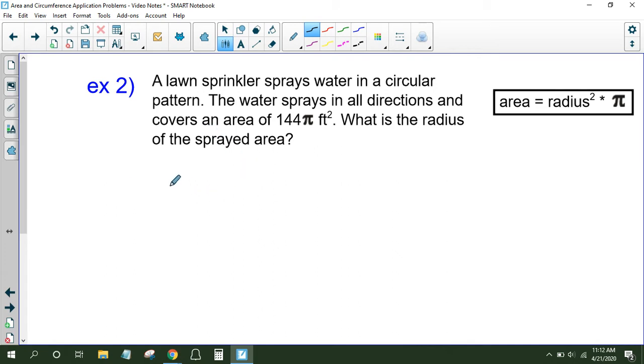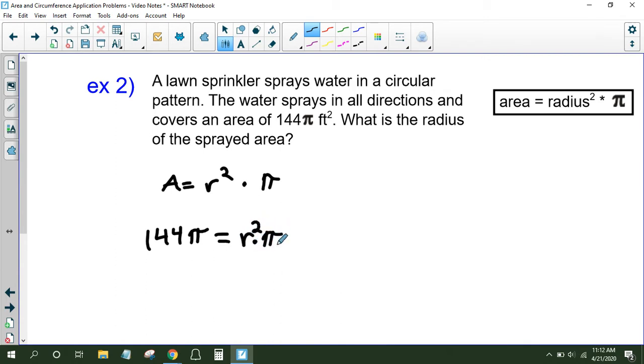Let's set up our equation again. Area equals radius squared times pi. Since we know that the area is 144 pi, that's going to be equal to radius squared times pi.